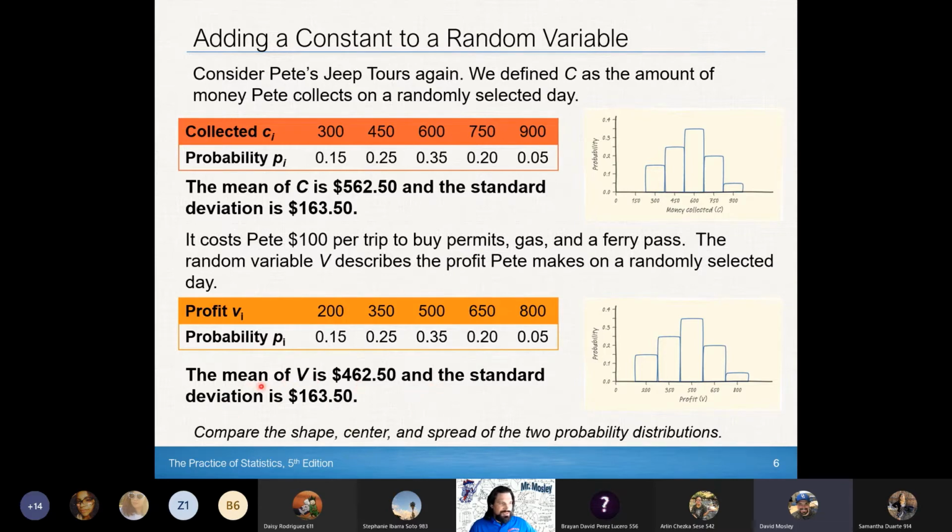Why do you think that our spread didn't change? Does anyone have an idea why the spread remained the same? Our standard deviation remained the same, even though we did a transformation.